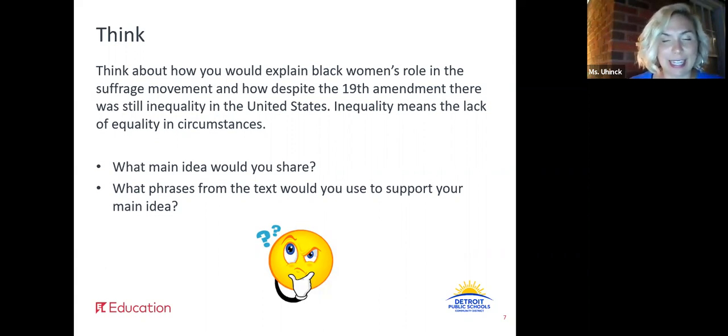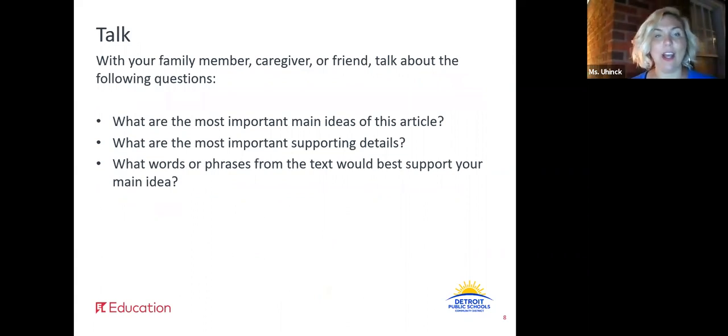All right, great. Now that you've thought about what is the big main idea you want to share, and you've thought about what details or phrases that you want to use to help support your main idea, let's do a little talking. Let's discuss this. So with a family member, a caregiver, or friend, I want you to talk about the following questions. First question.